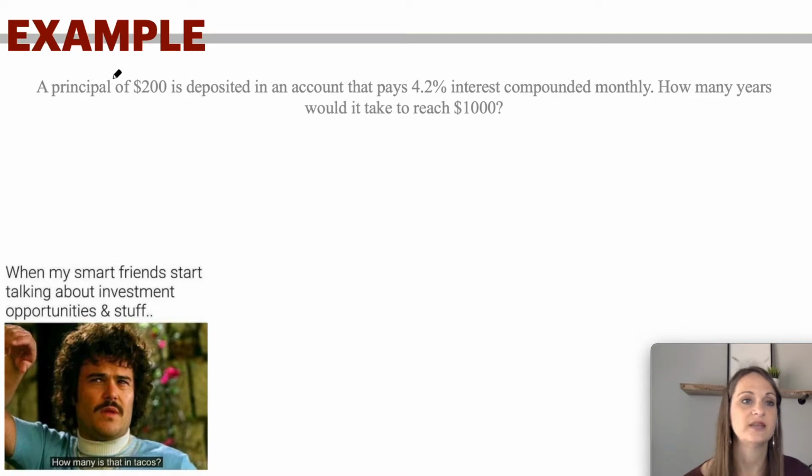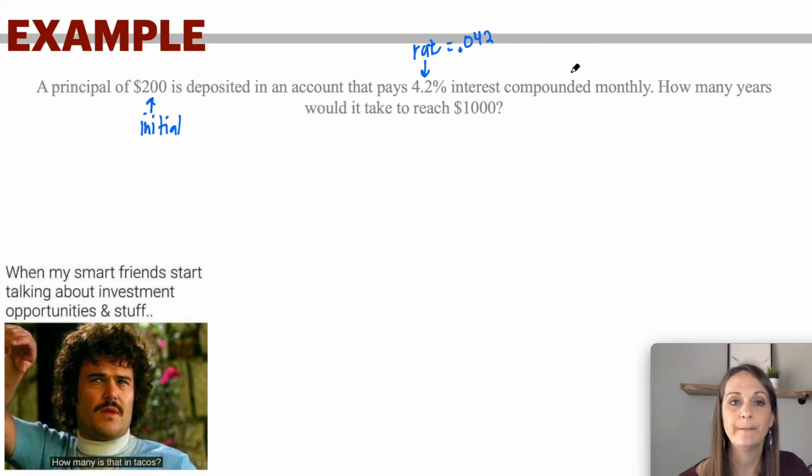In another example, you have a principal amount of $200 deposited. That basically means that is your initial amount. An account that pays 4.2%, that is your rate. Don't forget to change it to a decimal. Compounded monthly. Monthly means 12 times. And now we don't actually know T, but we do know our final amount.